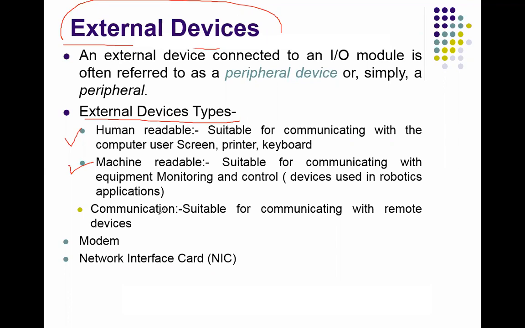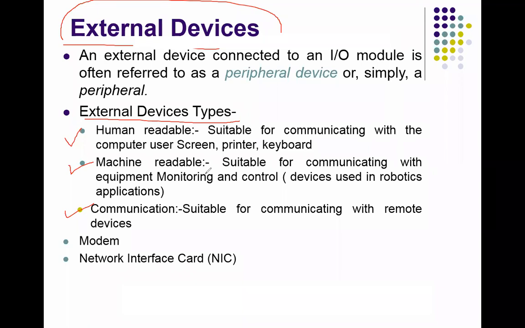Right? The next one is communication. So human readable, machine readable, and the third one is communication, suitable for communicating with remote devices. There are very different types of devices with the help of which you can communicate with remote devices, like any kind of devices which are communicating with each other.